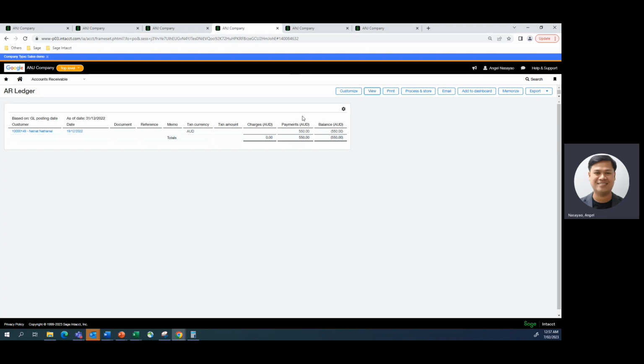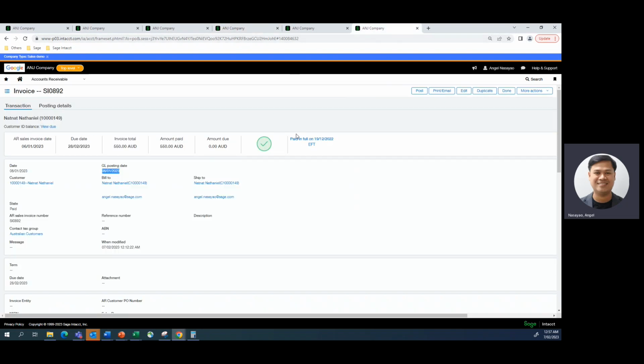It's all because, remember, this payment was actually recorded or posted with the date of 19th of December 2022. So as of 31st of December 2022, the only transaction that is recorded in the AR ledger is just the payment.